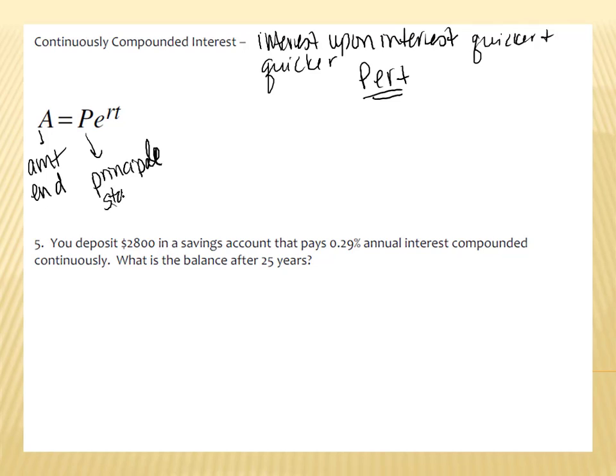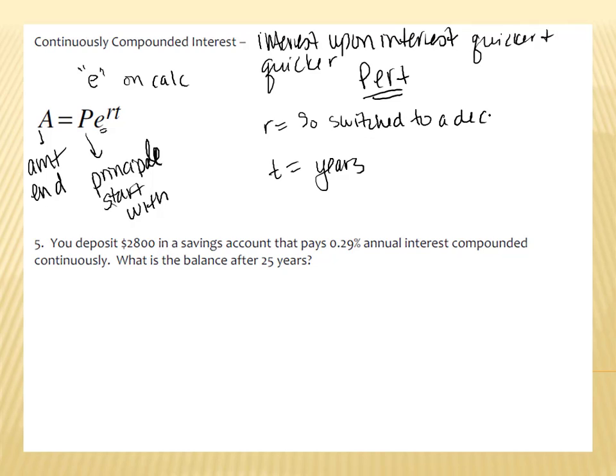But it's what you start with. E is E. We don't plug anything in for E. E is E on the calculator. And then, of course, your R is the same as it's always been, so is your T. T is your years. And your R is your percentage switched to a decimal.